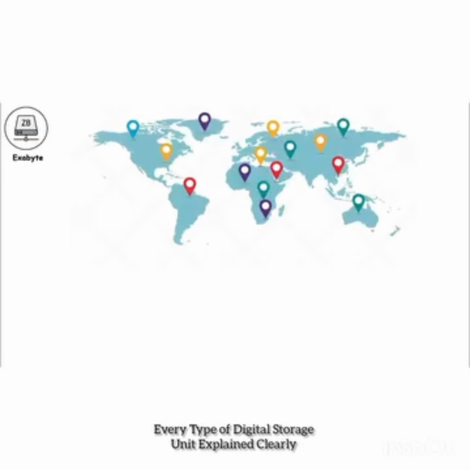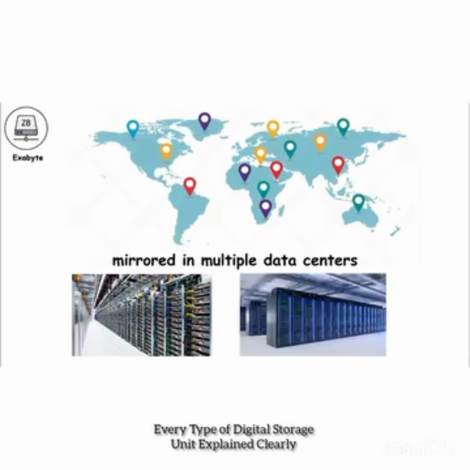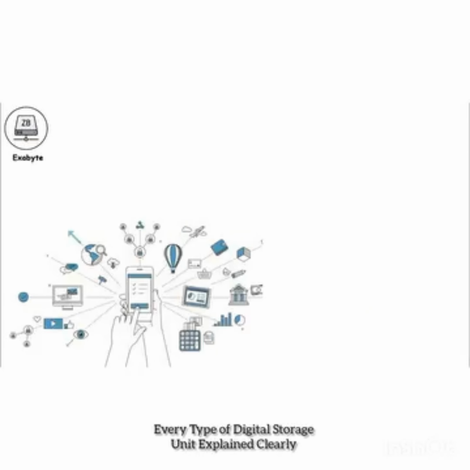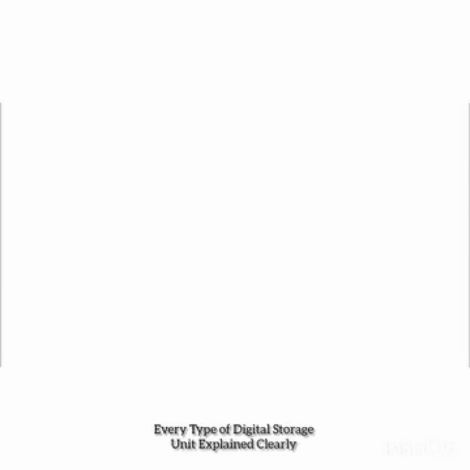Exabytes are not stored in one place. They are spread across continents, mirrored in multiple data centers for speed and safety. Most people will never directly own an exabyte of storage, but they interact with exabyte-scale systems every time they scroll, stream, or search. Compared to petabytes, an exabyte represents the transition from large-scale infrastructure to planet-wide digital activity.